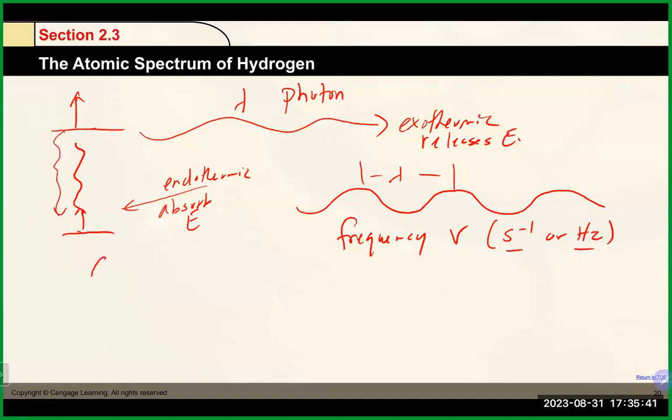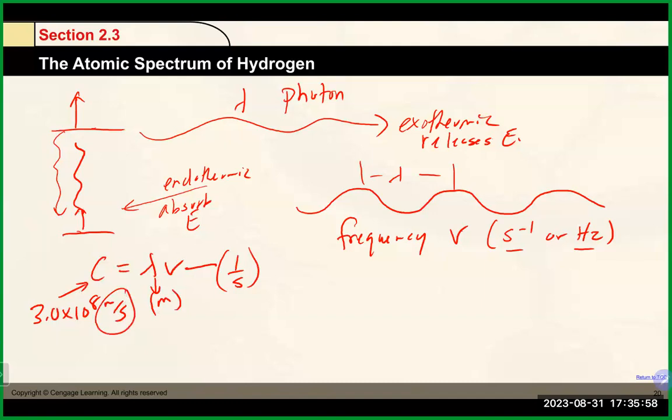We could take the speed of light is equal to the wavelength times the frequency. Obviously, the speed of light being a constant of 3 times 10 to the 8 meters per second. Our frequency being reciprocal seconds, and the wavelength here does need to be in meters, so that we end up with the meters per second relationship here. So if you know the frequency, you can figure out the wavelength. If you know the wavelength, you can figure out the frequency of light.